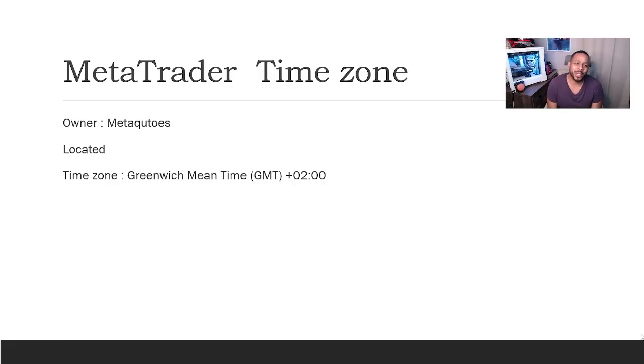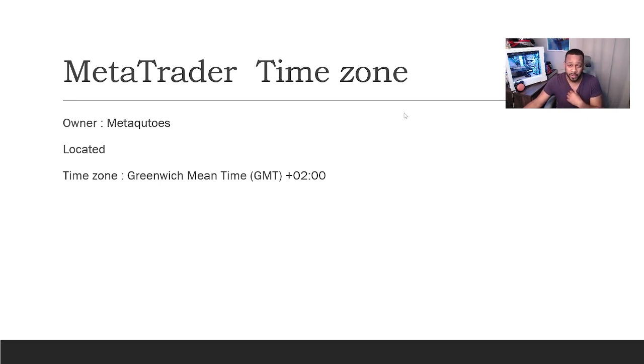If you're trading on MetaTrader, you've got to understand the owner is MetaQuotes. They're located somewhere around the Mediterranean Sea, so they use Greenwich Mean Time +2. To understand the offset of that, let's take a look at what Greenwich Mean Time is currently as opposed to what the +2 time would look like.